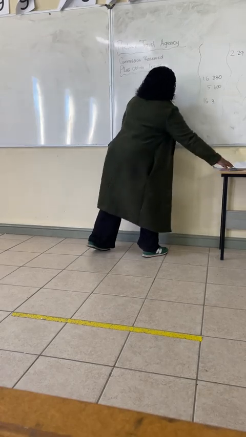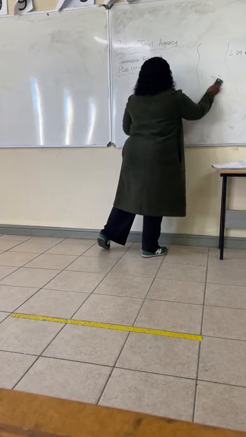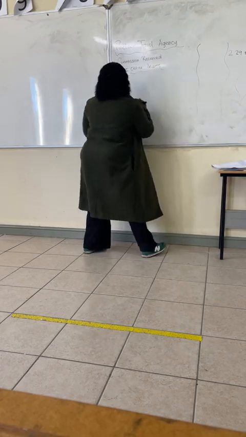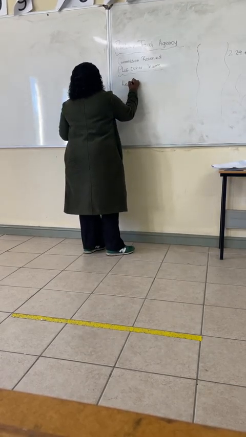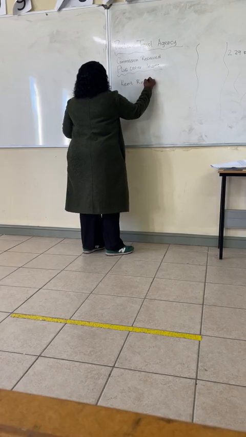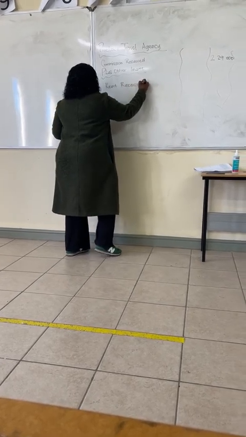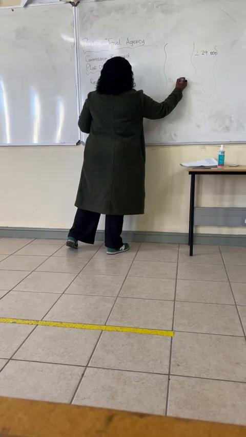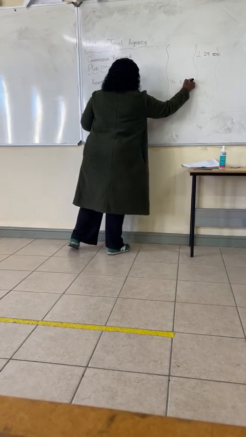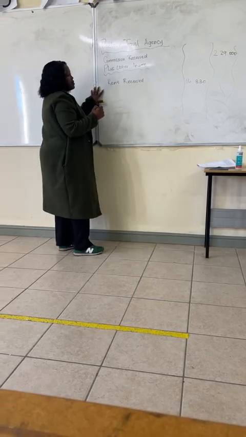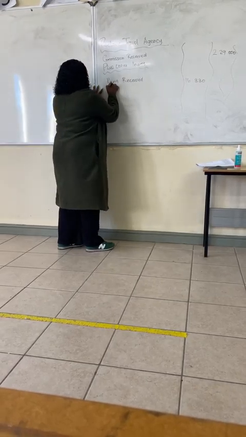Which one is the first one? Rent received. Okay, how much is it? 16,000? 308. Okay, and the second one? Donations.